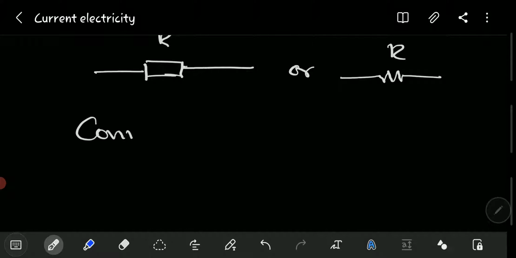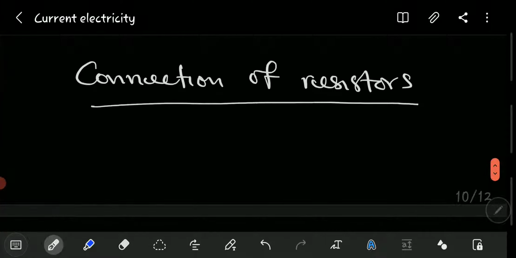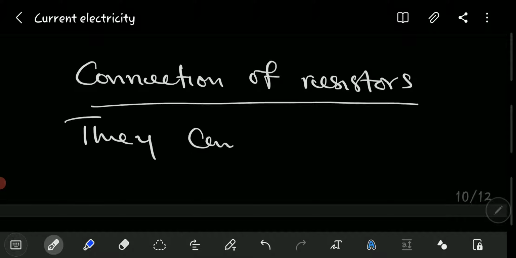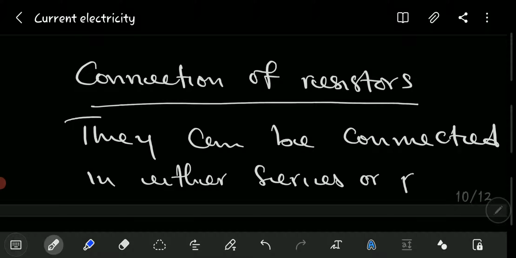So, connection. How can resistors be connected? They can be connected in either series or parallel.